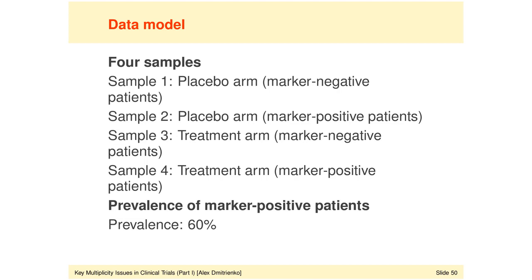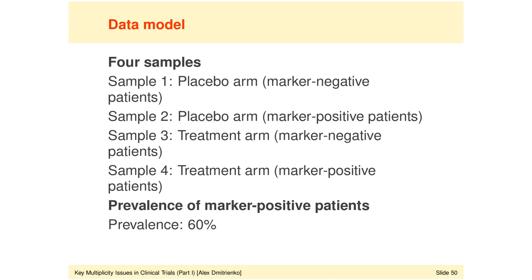The samples are homogeneous in the sense that the effect, for example, a hazard rate is constant across the patients included in each individual sample. And another important parameter for us to specify in this data model is the prevalence of marker-positive patients.